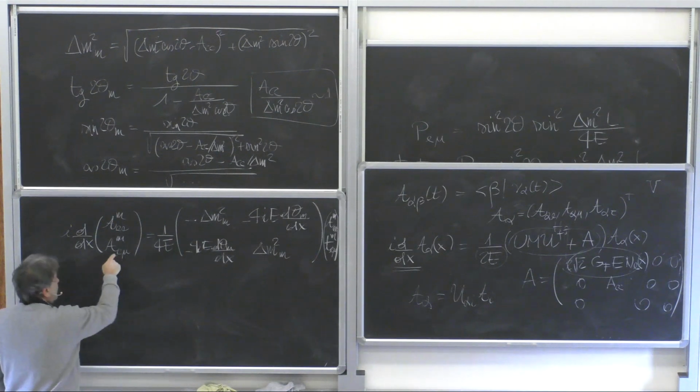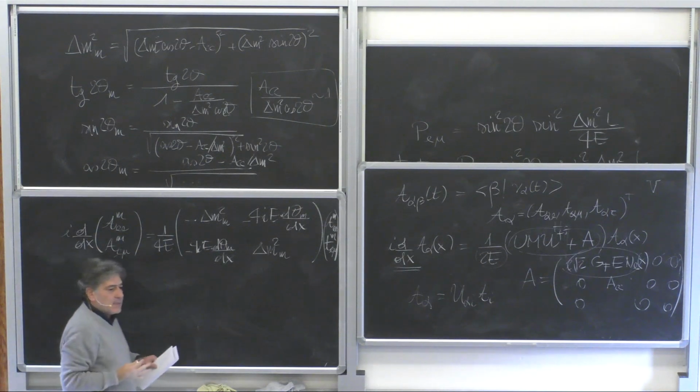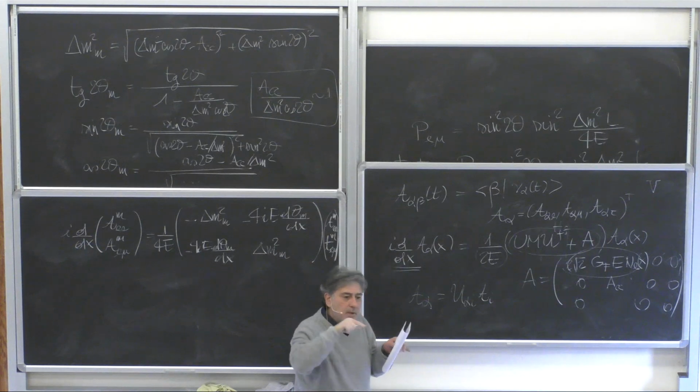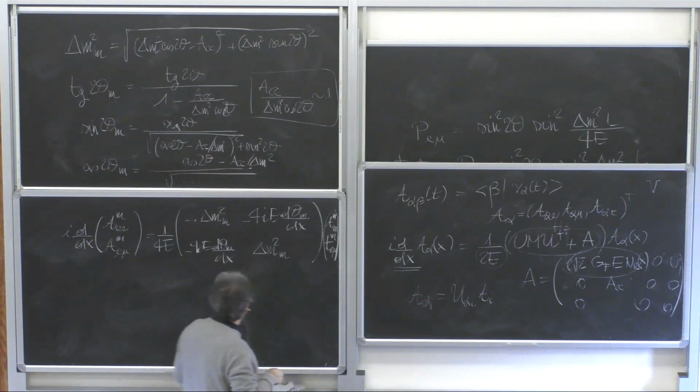Now, these matter eigenstates will depend on the point of the path of the neutrino.